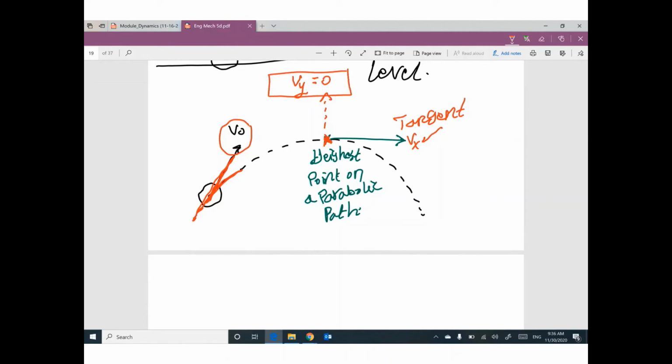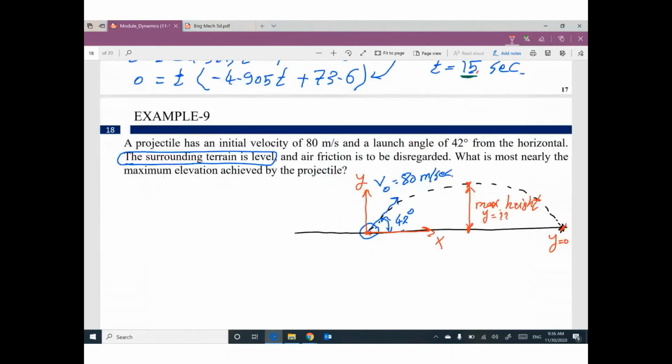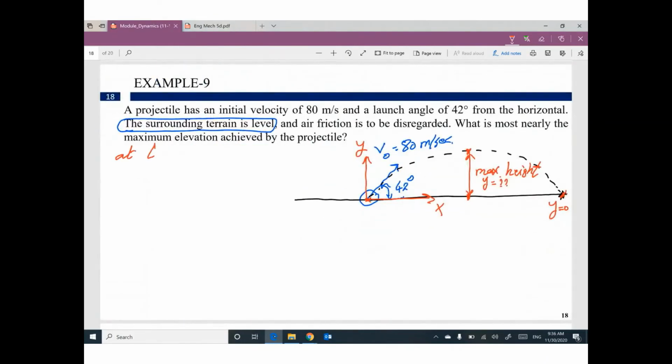Because the velocity must be tangent to the parabola. At the highest point, the tangent will be horizontal. Horizontal means we don't have a vertical component. So I can say at the highest point, Vy equals 0.